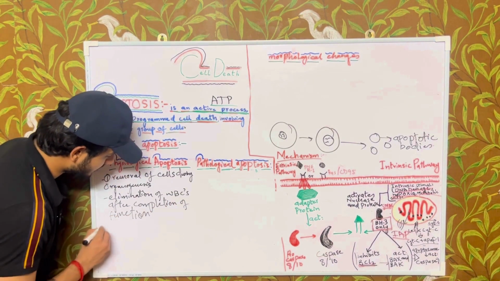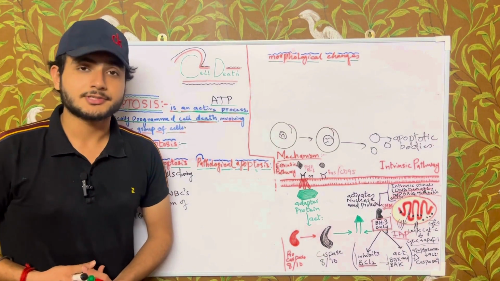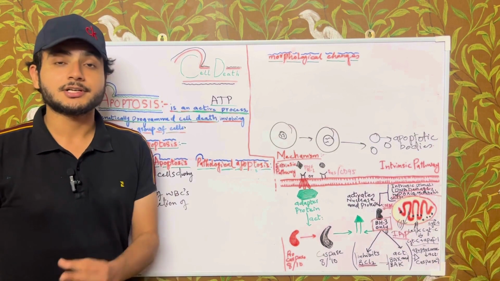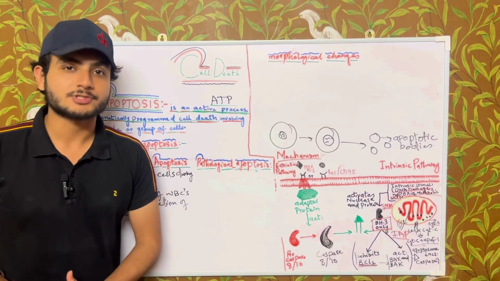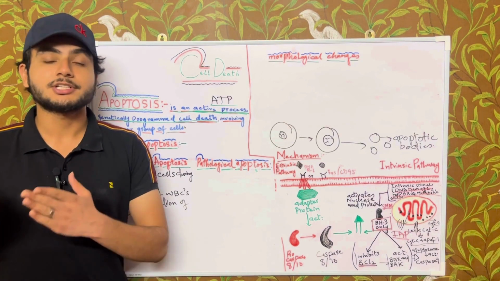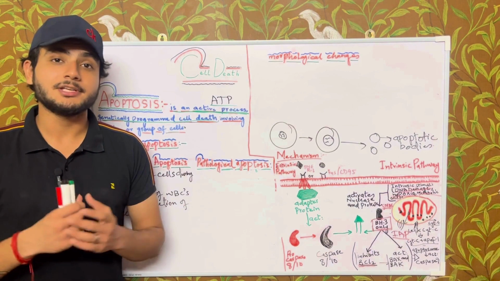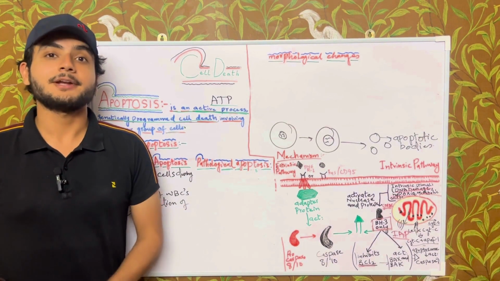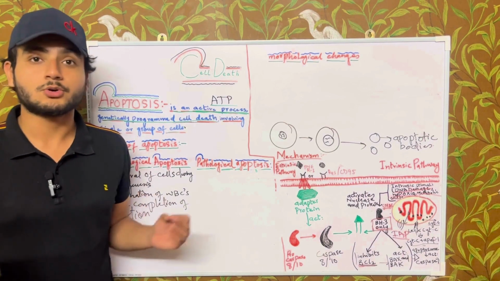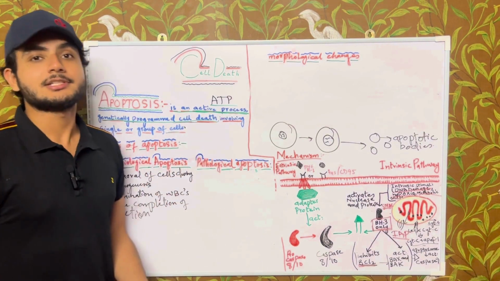Now let's talk about the third. Physiological apoptosis occurs in the lymphocytes which recognize self-antigens. During the maturation of lymphocytes, those lymphocytes which recognize the body's self-antigens must be eliminated. Otherwise, there will be chances of development of autoimmunity. So autoimmunity develops due to a defect in physiological apoptosis.